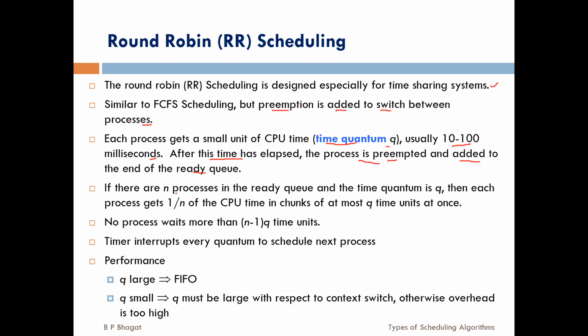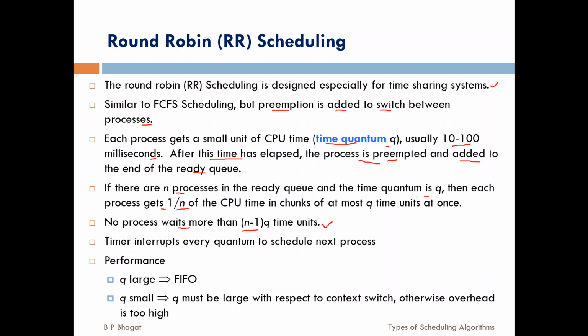If there are n processes in the ready queue and the time quantum is q, then each process gets 1/n of the CPU time in chunks of at most q time units at once. So no process in round robin scheduling waits more than (n-1) times q time units.